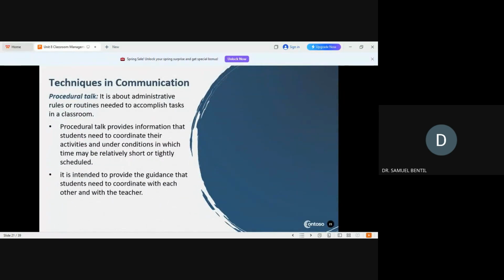Then we have procedural. So the word is procedures. So these are the rules or routines that are given to learners to guide them in fulfilling their tasks or accomplishing their tasks. That's why I say it is the administrative rules or routines needed to accomplish tasks in the classroom. So procedural talks provide information that students need to coordinate their activities under conditions in which time may be relatively short or tightly scheduled.